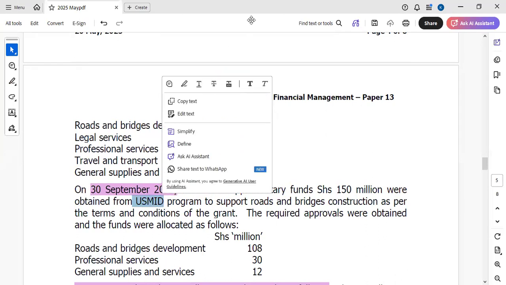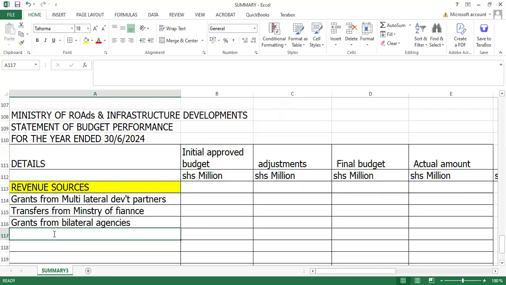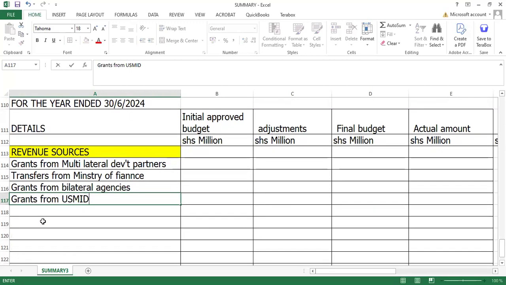So that one was not clearly indicated. So we can put it here line by line. This is money or grant from USAID. Okay, then I will have the total revenue.